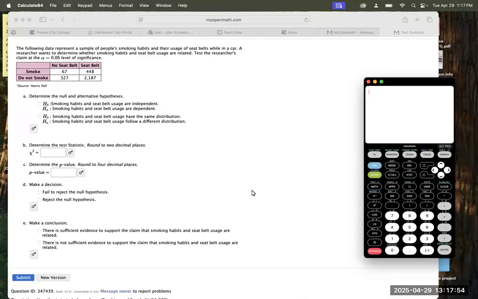Another big indicator that this is a chi-square test for independence is that we are given a table and not just a list of percentages, as we normally would in a goodness of fit test.